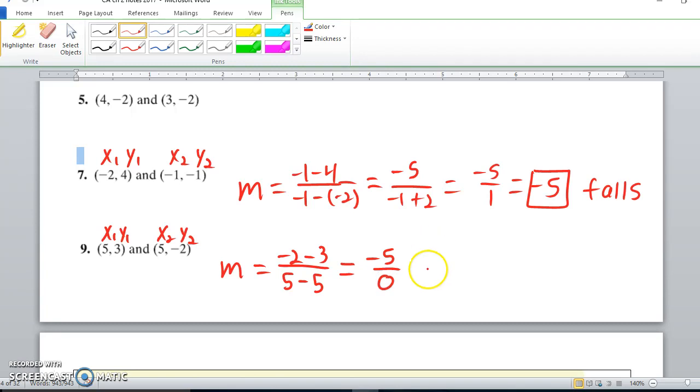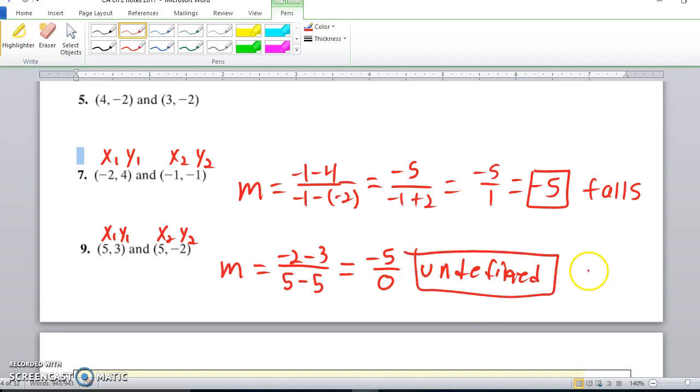And so that's going to be undefined. And how would that look if we graph it? It'd be a vertical line. Okay, so that's how we find the slope of a line given 2 points.